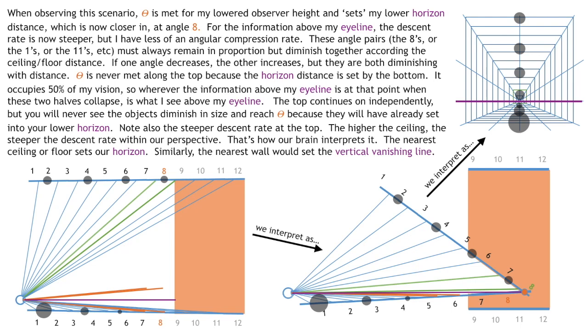So you see that along the bottom, the angle theta doesn't have to travel very far to get to the purple line, but the angle above has to travel quite a bit more to do that. But essentially what you're left with is basically what we see in perspective as I've depicted here in the upper right.